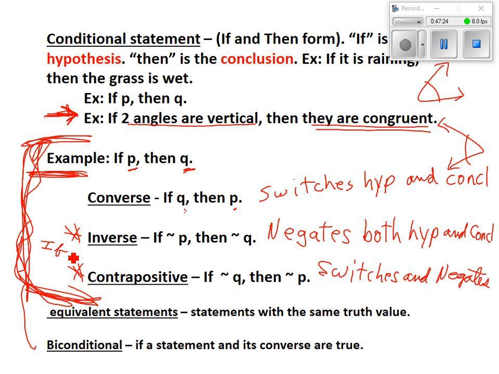If the original statement is true, then that probably tells us that the contrapositive is true.